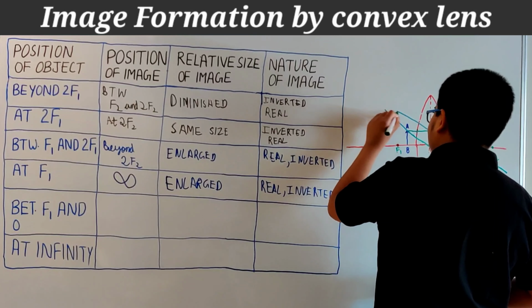These are the properties of the image formed when the object is at infinity. The image is formed at the focus.